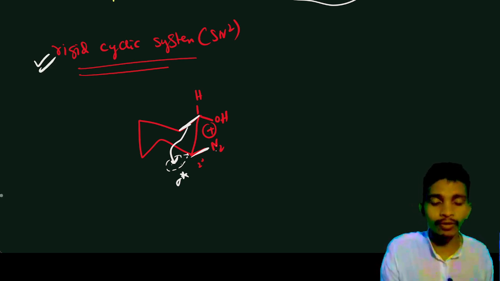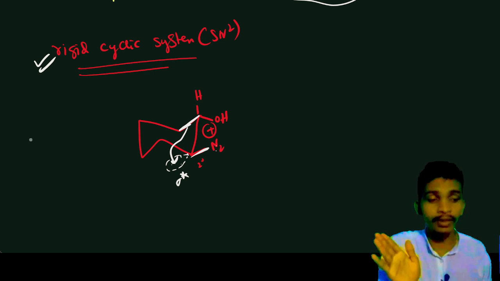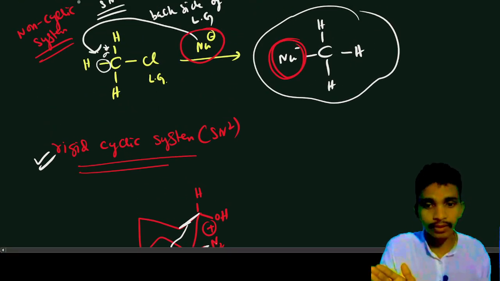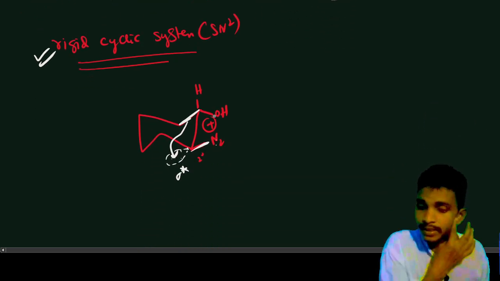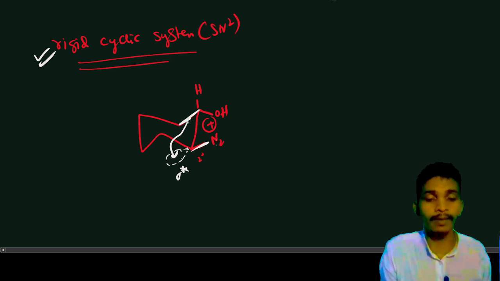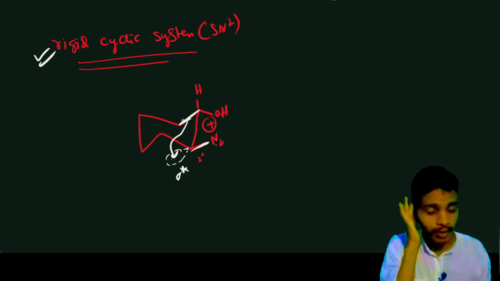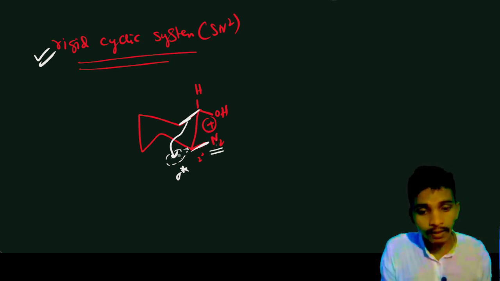So that is the difference between a rigid cyclic system and a non-cyclic system. In the non-cyclic system we attack the backside, but since this is a rigid system, rotation will not happen. So whatever group is parallel to the antibonding of the leaving group will be attacked here.